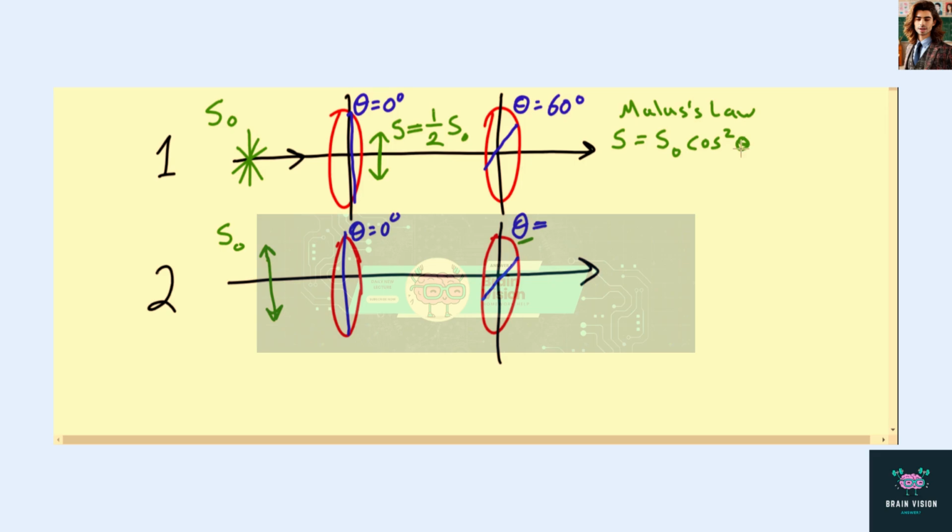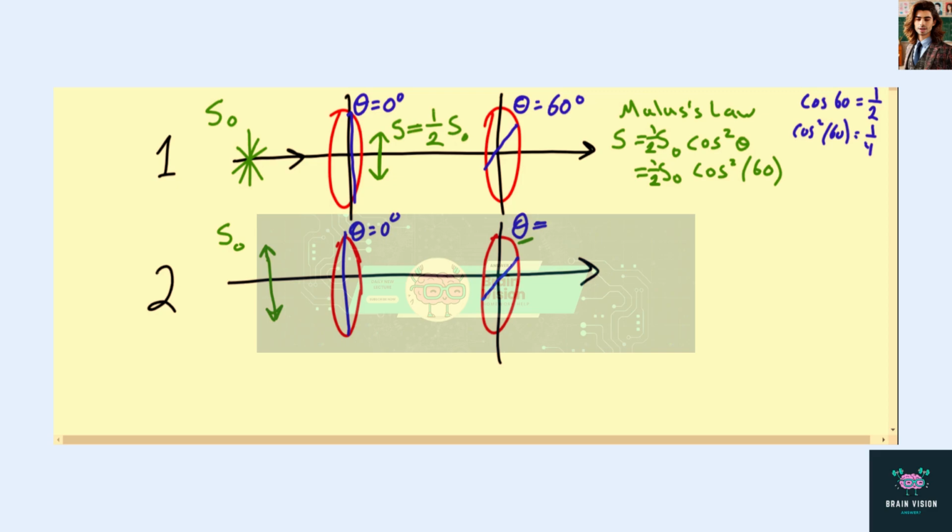So if we go ahead and plug in theta equals 60 degrees, like we know, S0 times cosine squared of 60. I know that cosine 60 degrees is just 1/2. So squaring it, cosine squared of 60 is 1/4. Sorry, I lost my 1/2 here. This is 1/2 the initial intensity, because that's what was incident on the second polarizer, just half of what we started with.